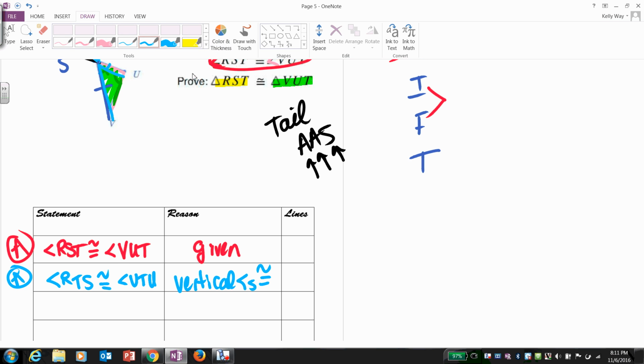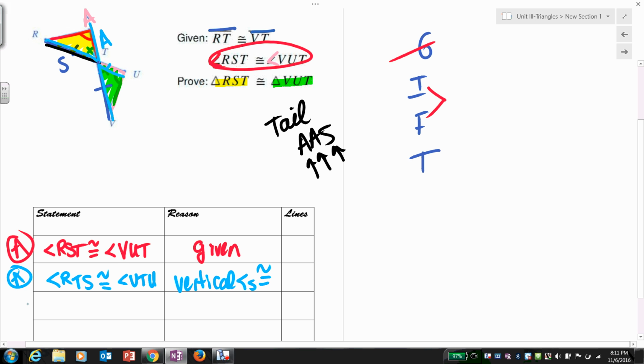Now we have to go for our side. And we were given the fact that RT was congruent to VT, and the reason is it is given.